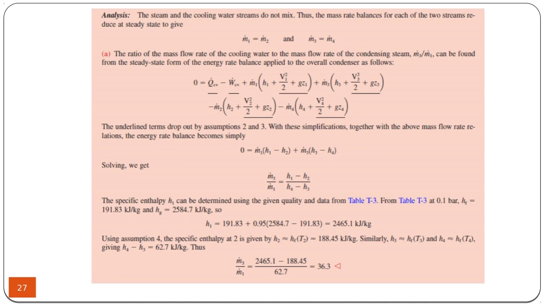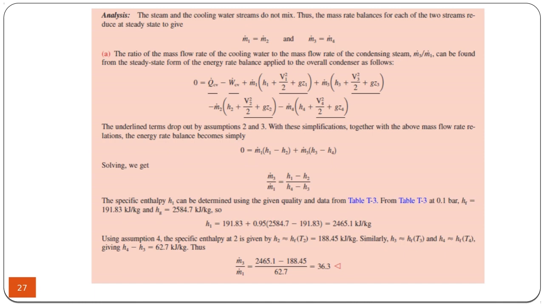So for the steam part, we have a conservation of mass, which is M1 is equal to M2. And for the cooling water, we have another conservation of mass, which is M3 is equal to M4. How about the conservation of energy? In order to write the conservation of energy, we have to consider the work, the Q, and also the total energy carried by the streams.